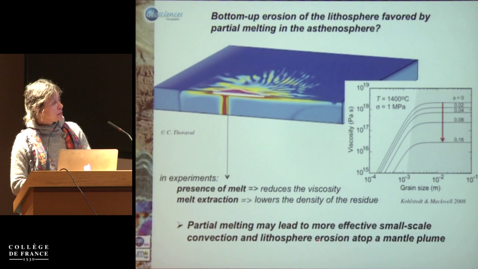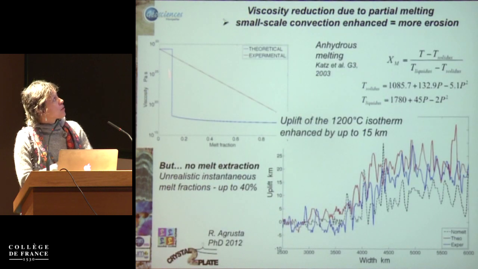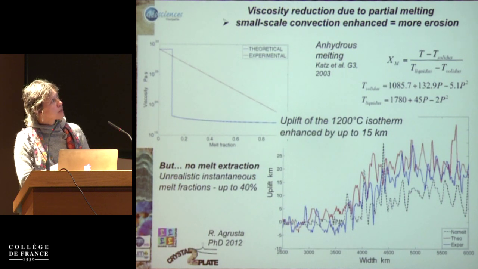So what Roberto tried to test is if partial melting can get a stronger small-scale convection and a more effective erosion of the lithosphere. First, he tried very simple models of the variation of viscosity with the melt fraction, and a very simple anhydrous melting model, not taking into account the depletion on the melting.